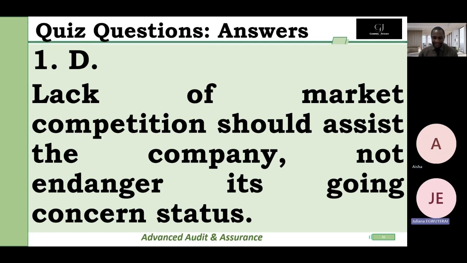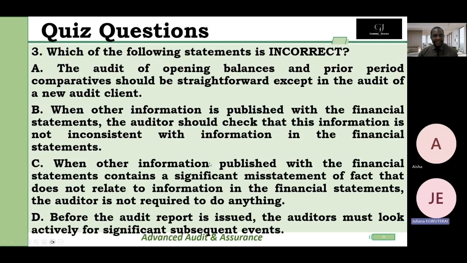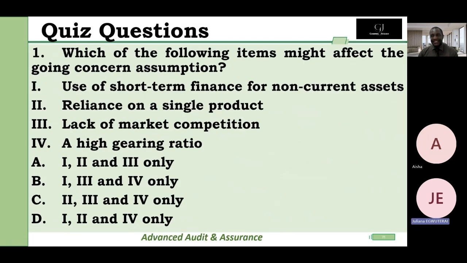Number 1. Jay got it. Lack of market competition should assist the company, not endanger its going concern status. Wow. Jay got it. D. The question was, the following items might affect the going concern assumption.